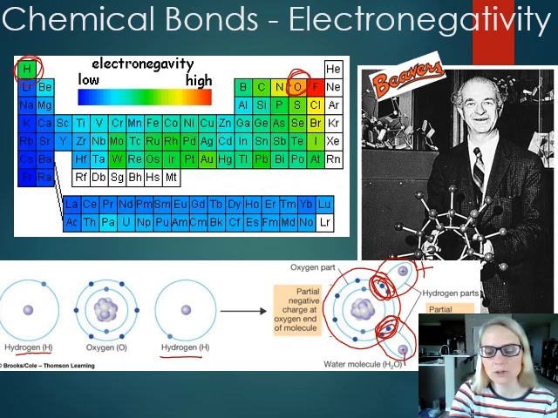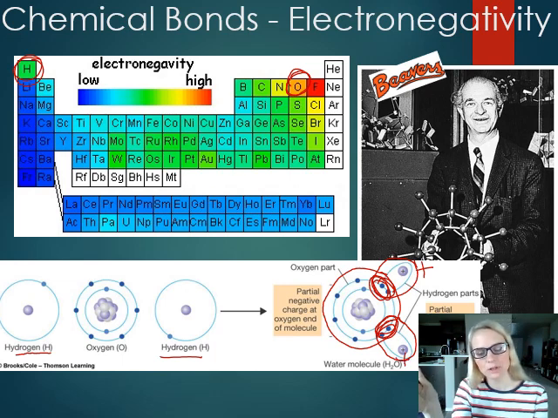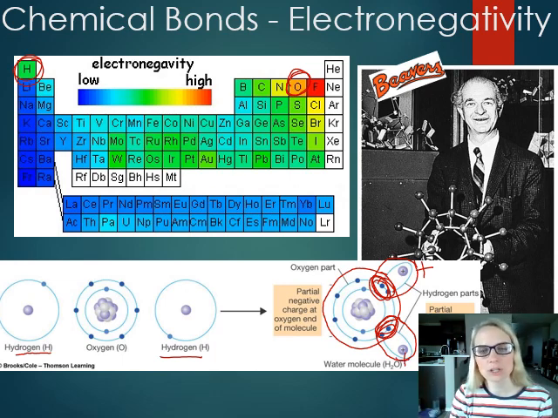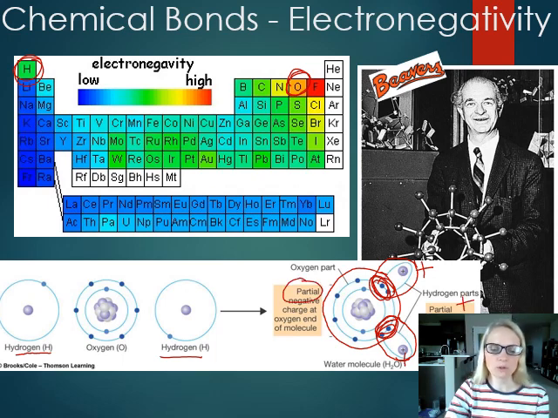So these hydrogen atoms on that side of the molecule tend to have a more partially positive charge. My head is kind of blocking that, so I'll put partial positive. And then the oxygen side of the molecule is partially negative.